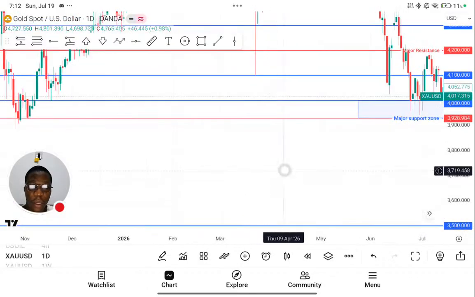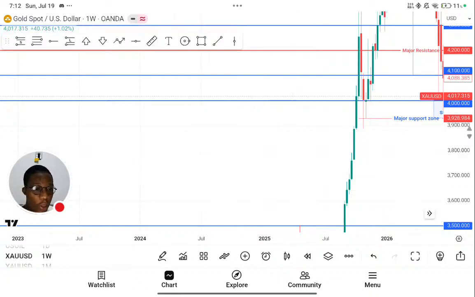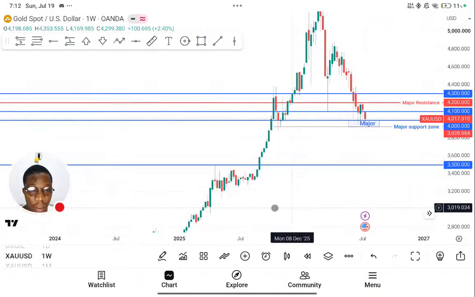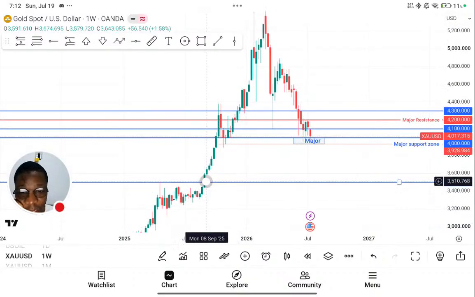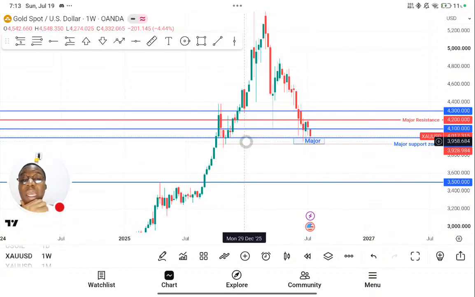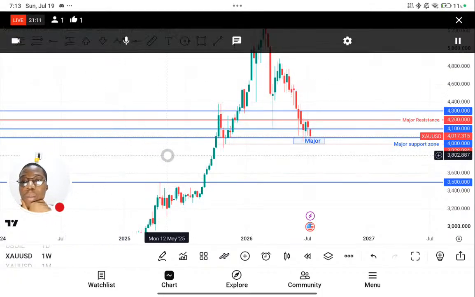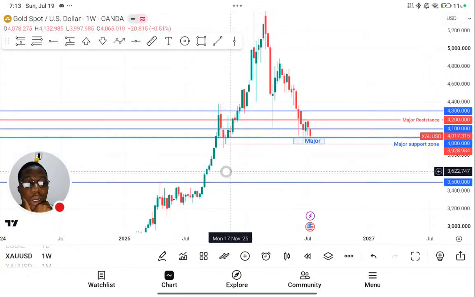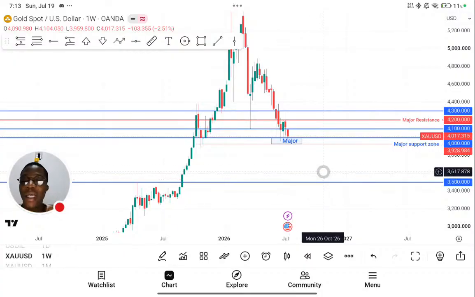What do I mean? Let me show you. It's like price is wanting to come and cover that level. See, from the weekly time frame, from September 2025 when price broke above 3,500, price has been very, very bullish for like a year. But all of a sudden these days we are seeing crazy bearish strength that we don't know where it's coming from.